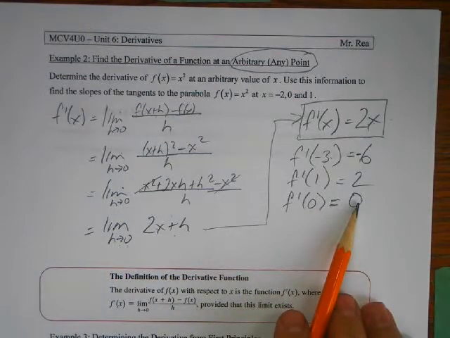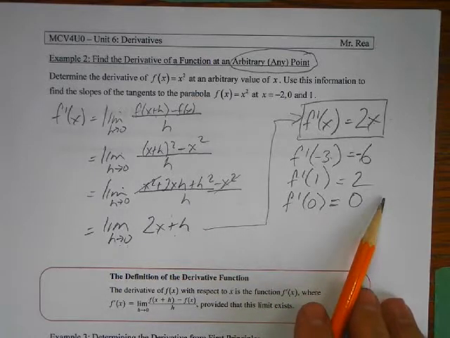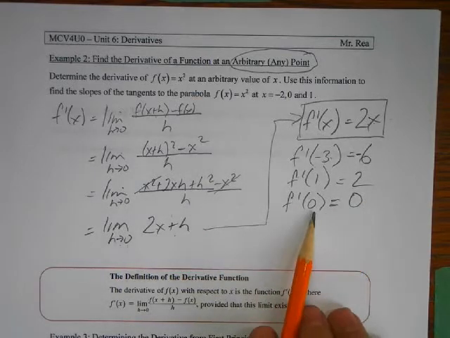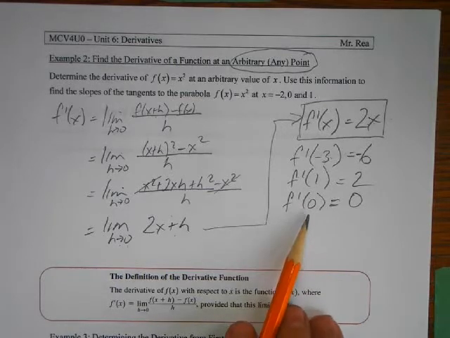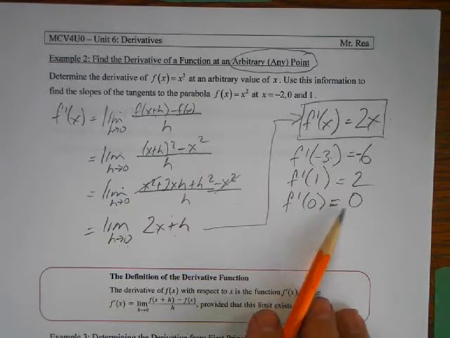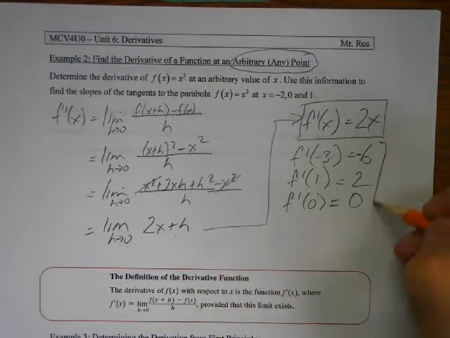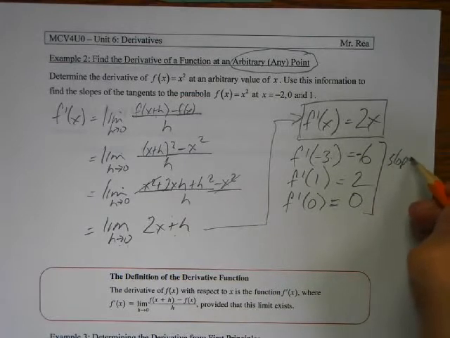Or the instantaneous rate of change at x equals 0 is also 0. Later on we'll realize that's where the vertex is for f of x equals x squared. That's where the function changes direction. So the slope of the tangent is 0. Okay, so these are all slopes of tangents at the various values of x.